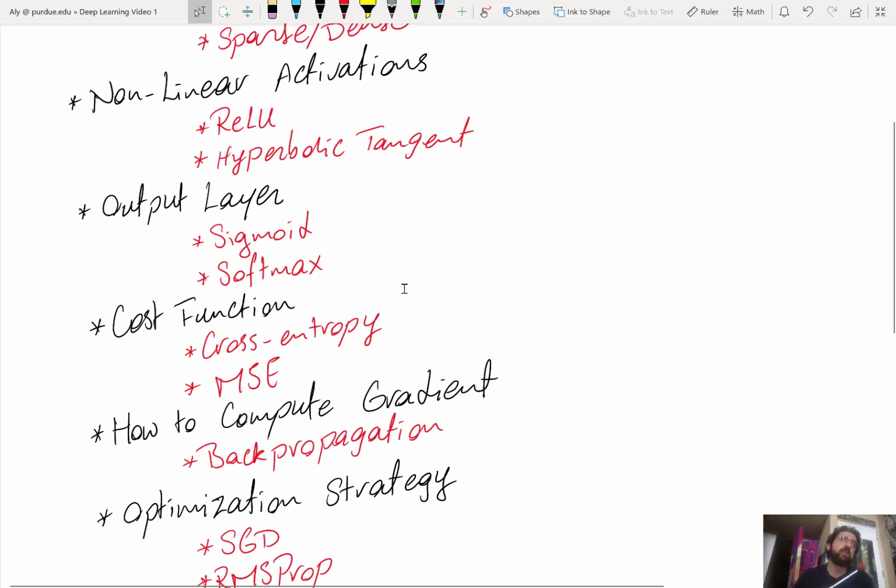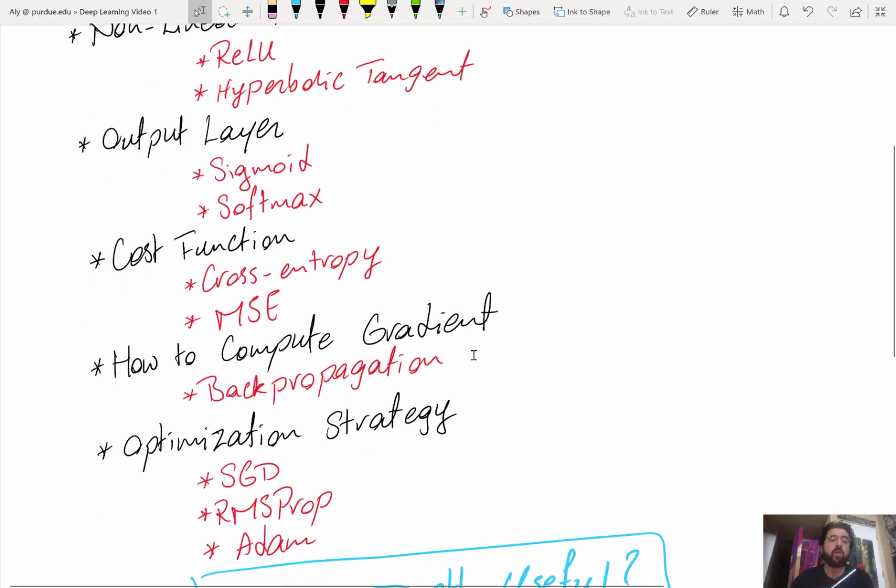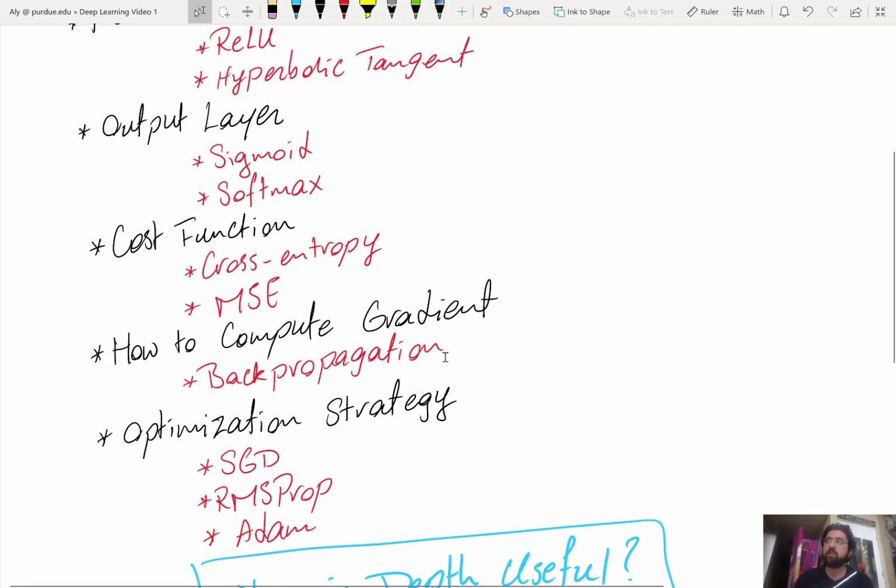Now, we said we didn't discuss how the gradient will be computed, right? We said we are mainly focused on gradient-based learning. This is what the deep learning approach depends on mainly. So a core part of implementing deep neural network algorithms is the algorithm of how to compute the gradient efficiently.